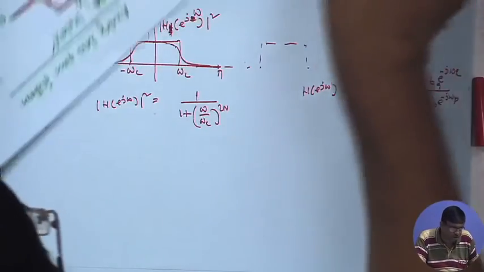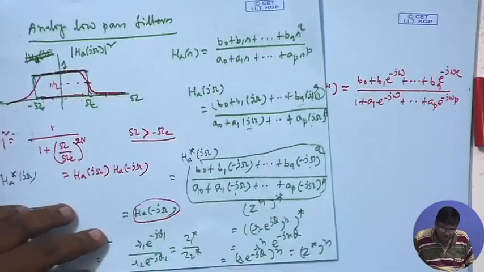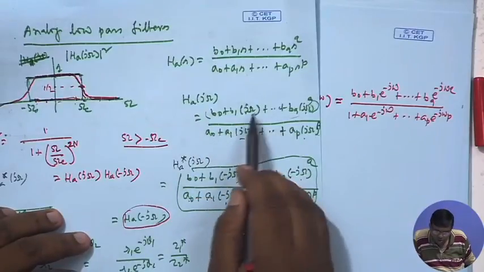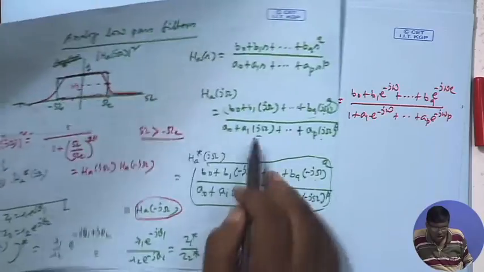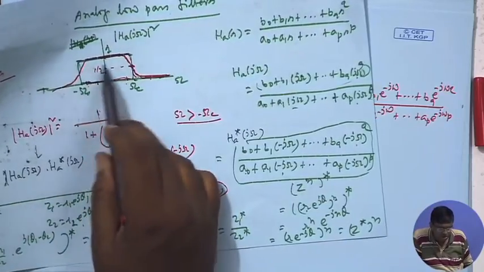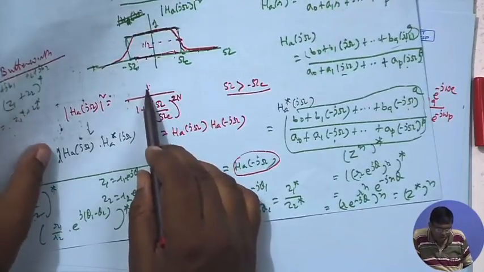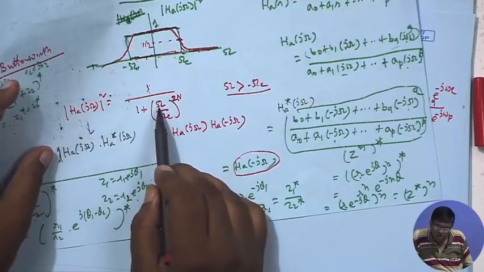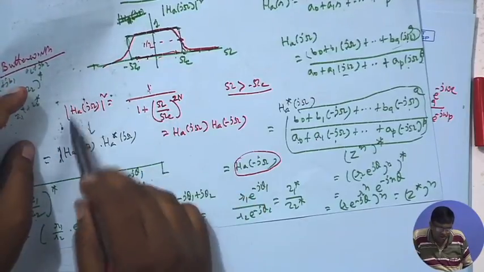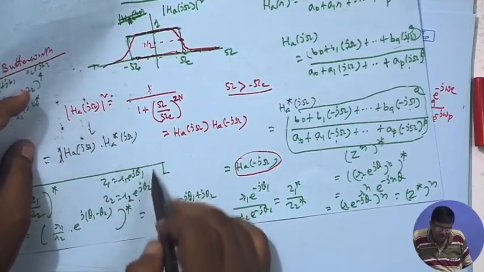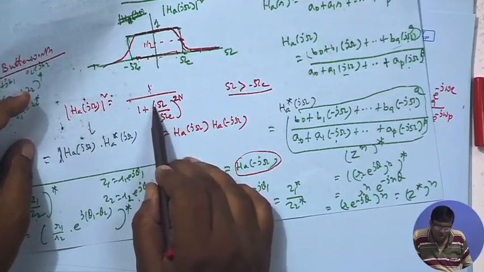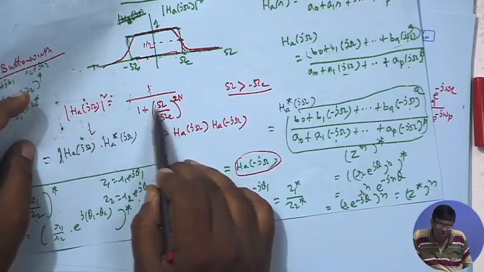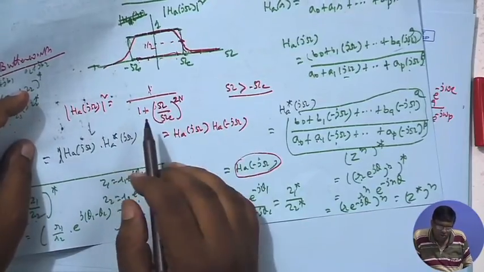In analog filters, this was clearly a polynomial in terms of capital omega in the denominator, and therefore you could approximate this given function by 1 by a polynomial in capital omega, and then you could write this left hand side as HA(s) HA(minus s) with s equal to j omega. Okay, and then from j omega you can write j omega by j omega c and replace j omega by s and go on.